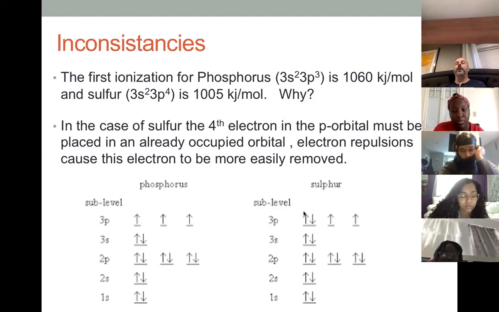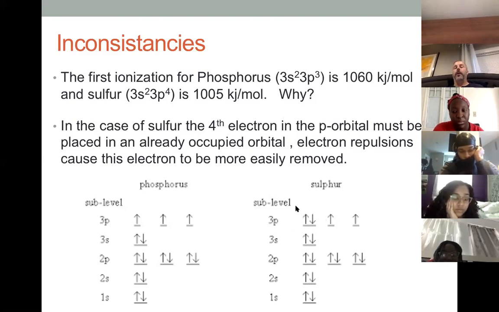These two start to repel each other and expand a little bit, so they're a little further from the nucleus than phosphorus is. So they feel a little less pull, and it's a little easier to remove one from sulfur than it is from phosphorus. And then it goes back to the normal pattern.